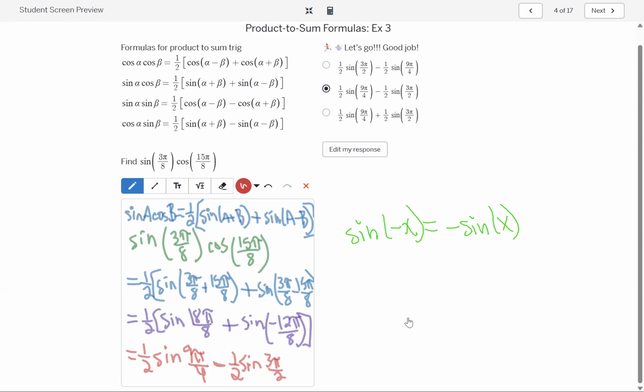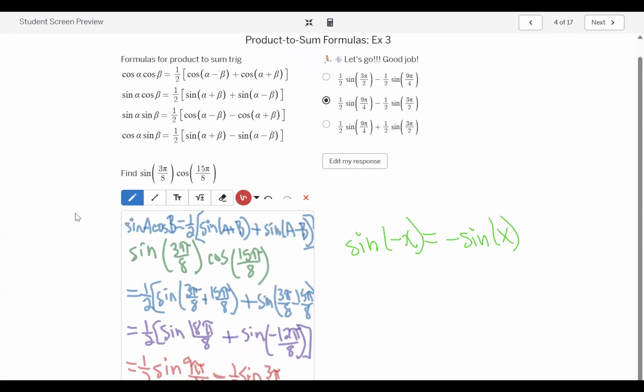Now you shouldn't have to make these trade-outs on web work, but I think there is one kind of which of these are equivalent question, and they might make these trades for the equivalent parts. But it's always sine and cosine, so you only have to know the rule for sine and cosine.